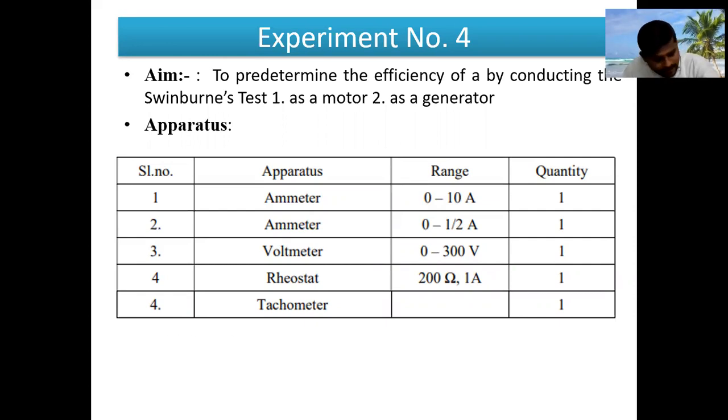See, the apparatus required: we require one ammeter to measure the field current IF. We require another ammeter to measure the armature current.